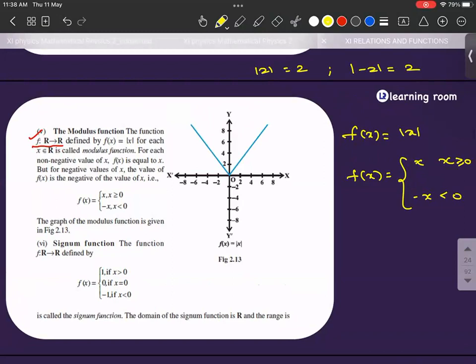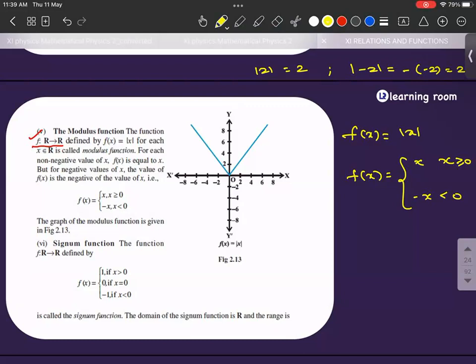This we know, right? The important question is, how did modulus of minus 2 become plus 2? It became plus 2 because you actually did this operation of minus of minus 2. So the answer came out to be plus 2.